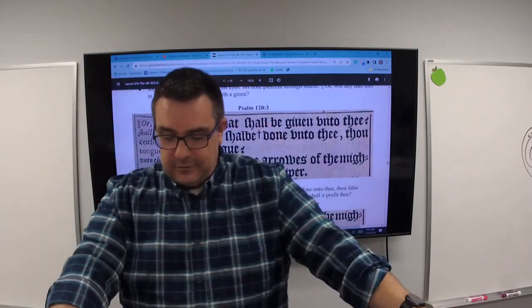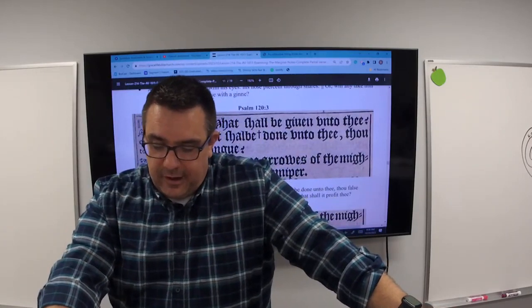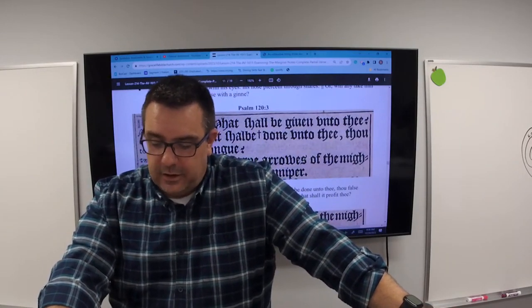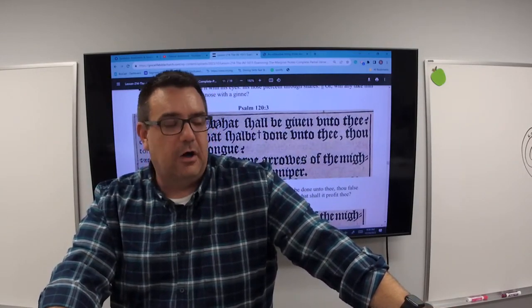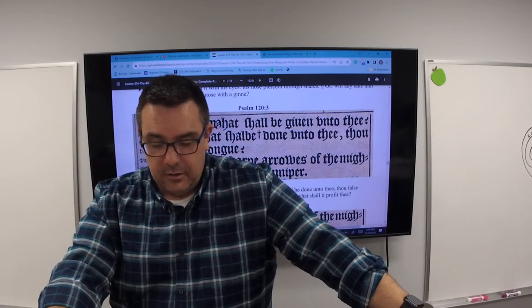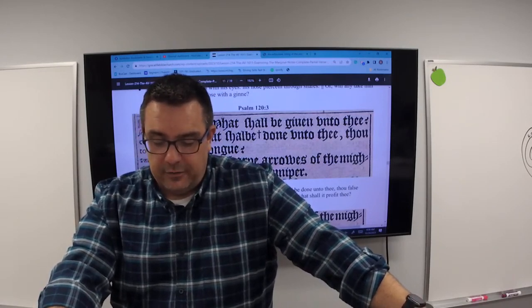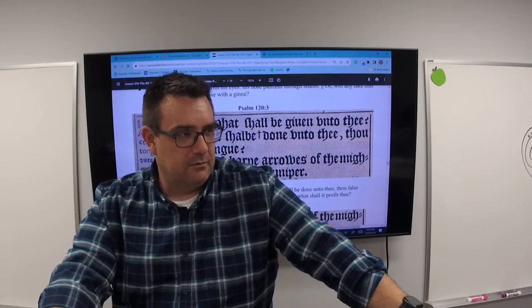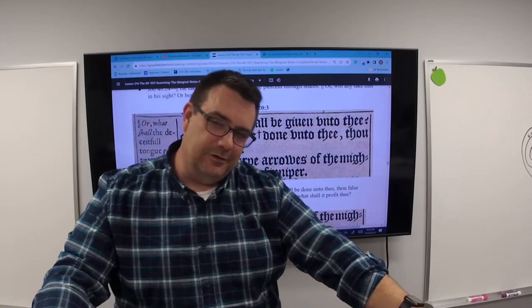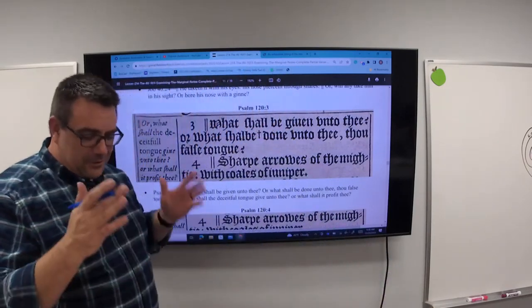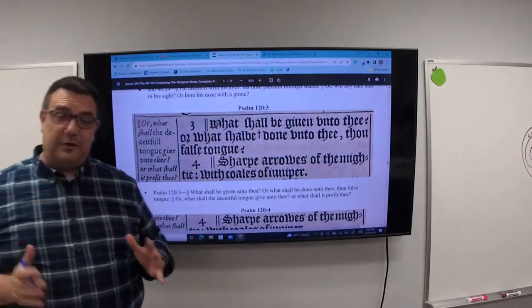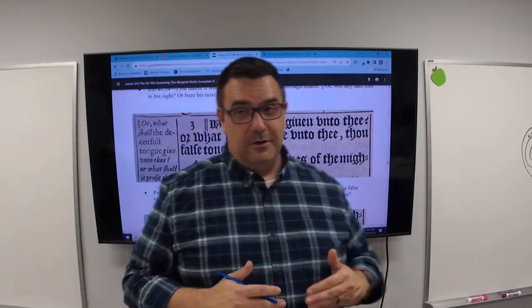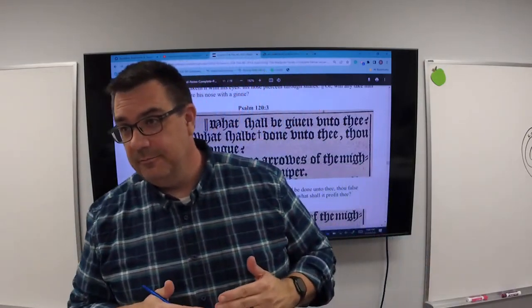The text says, "What shall be given unto thee, or what shall be done unto thee, thou false tongue?" Margin, "or what shall the deceitful tongue give unto thee, or what shall it profit thee?" So these are examples, guys, where the whole verse is given an alternative in the margin. Not just a phrase or a word or a section, but the whole verse.